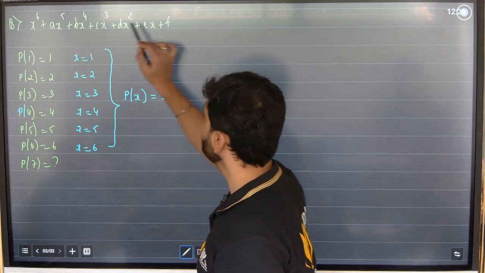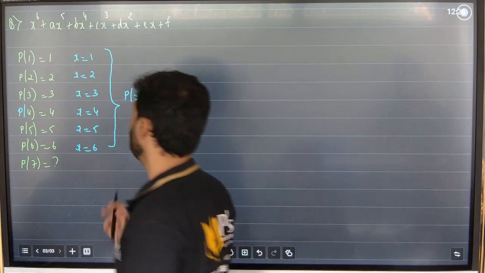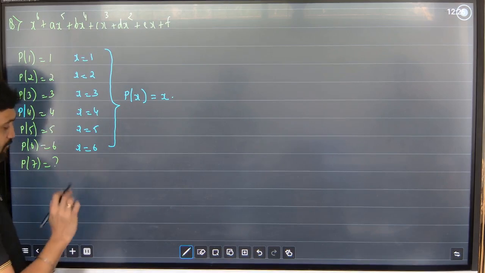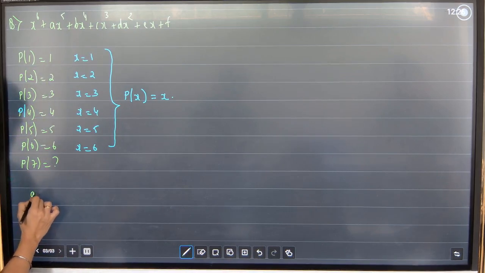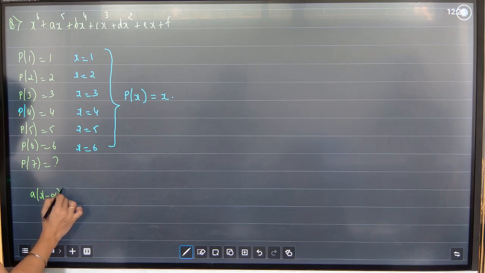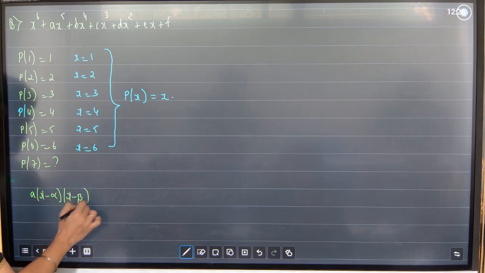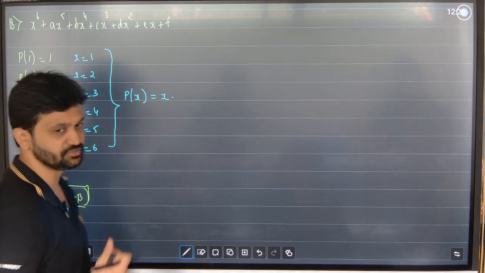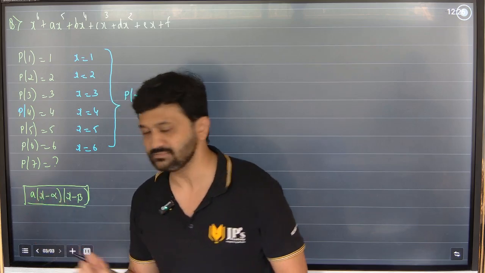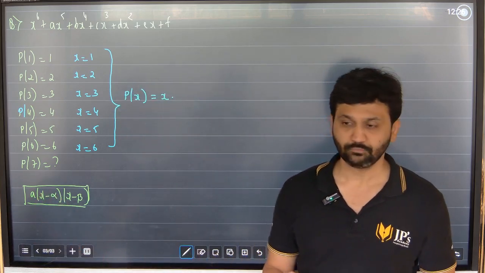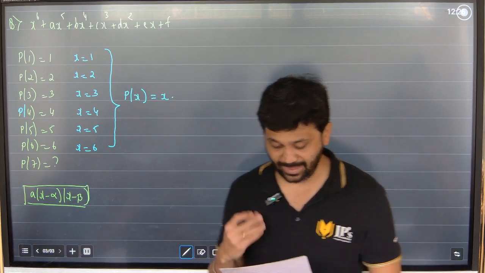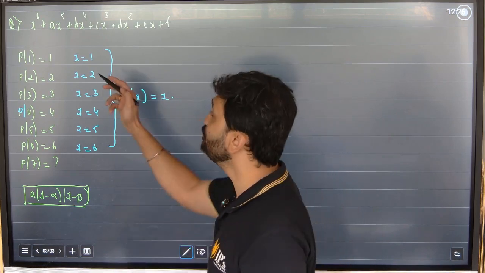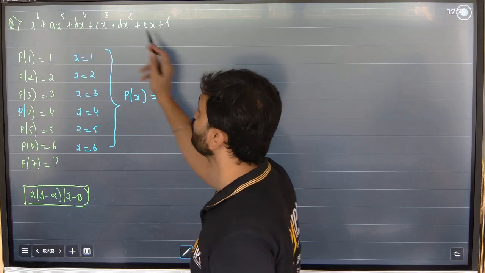it is order 6. Whenever we write a quadratic equation, say for example, we always write a quadratic equation as a into x minus alpha, x minus beta. This is how we represent the quadratic equation, where a is your leading coefficient. It's always taken as 1. So here the thing is that I have the value of 6. There are 6 roots.